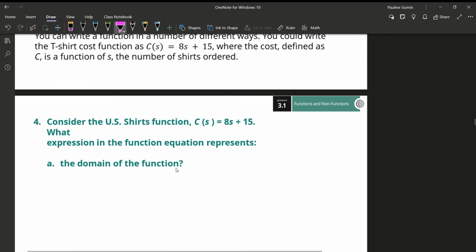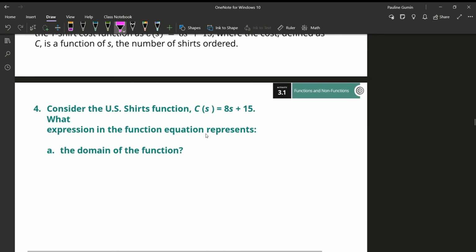Considering this function, which expression represents the domain? Now, in this function, the domain is represented by 8s plus 15, but specifically s, number of shirts.